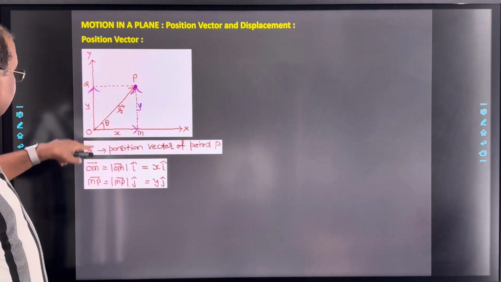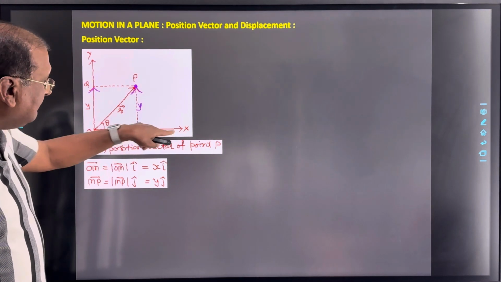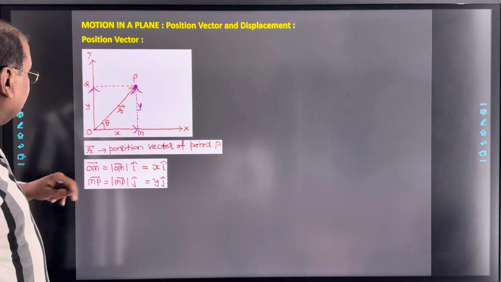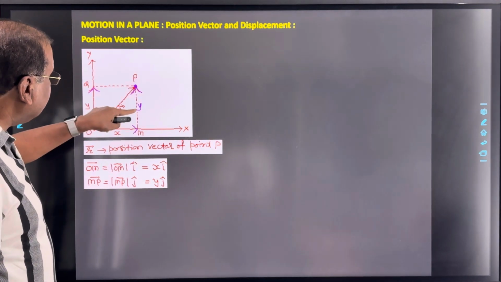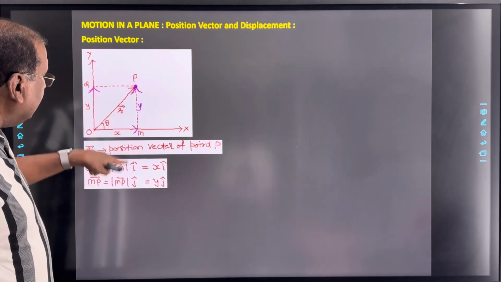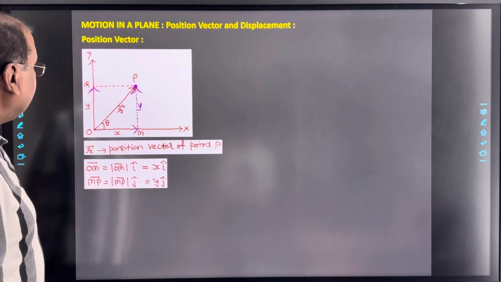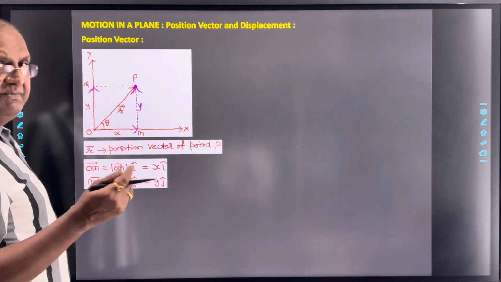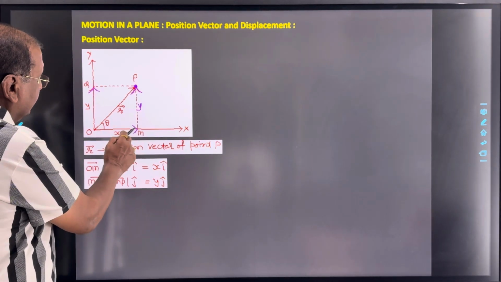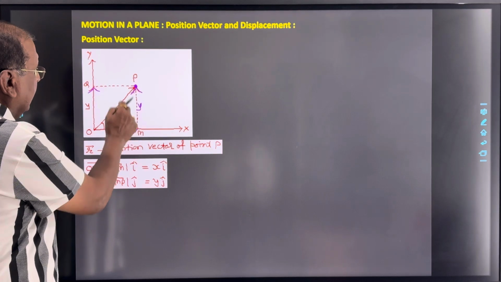So we can write vector OM, that is its magnitude into i caret, because it is in the x direction. So simply we can write that is x i caret. And MP, which is in the y direction, so magnitude of MP into j caret, magnitude is y. So we can write it is y j caret. Now, as per the summation rule of vectors, you can see this OM, then from the head of OM, there is the vector MP.